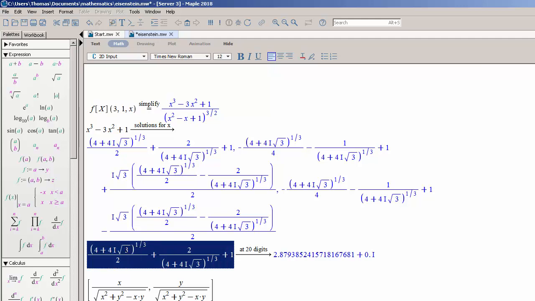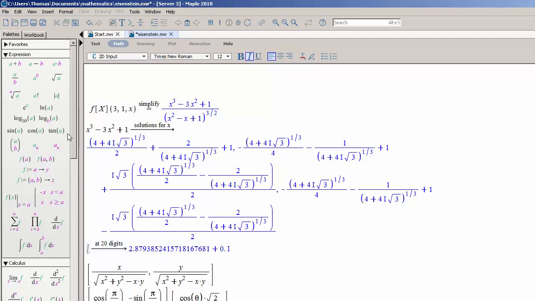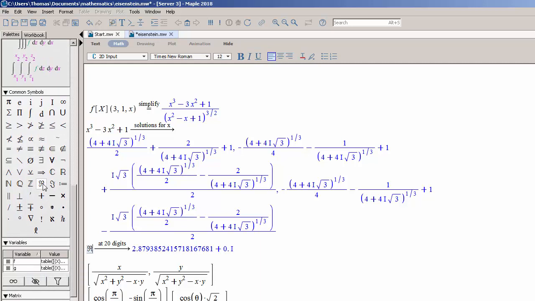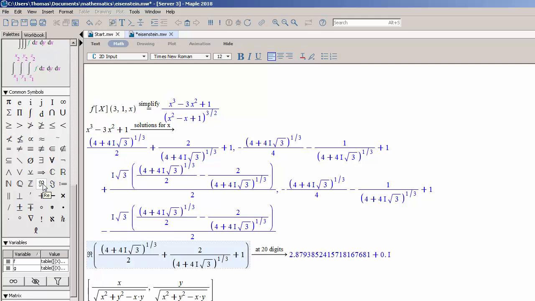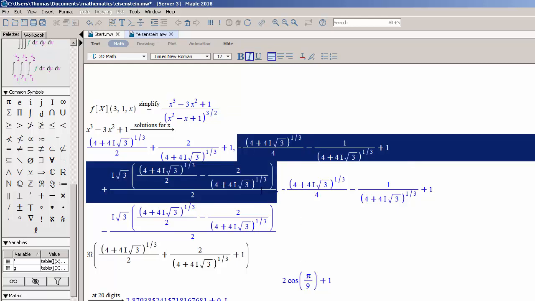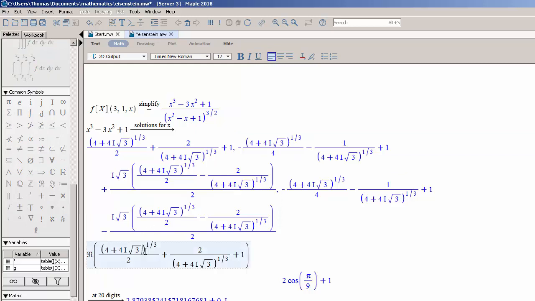This computer program can figure out what the real value is. It's 2 times cos of pi divided by 9 plus 1. And these other ones have similar answers.